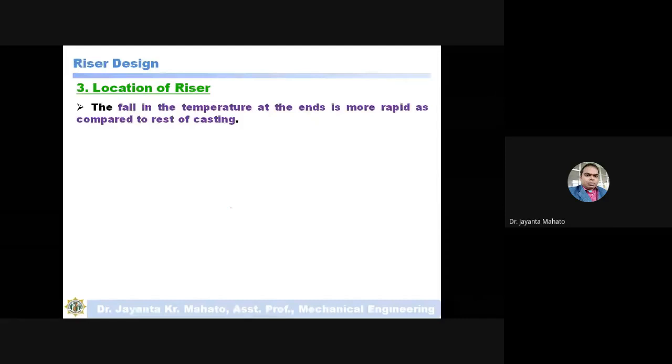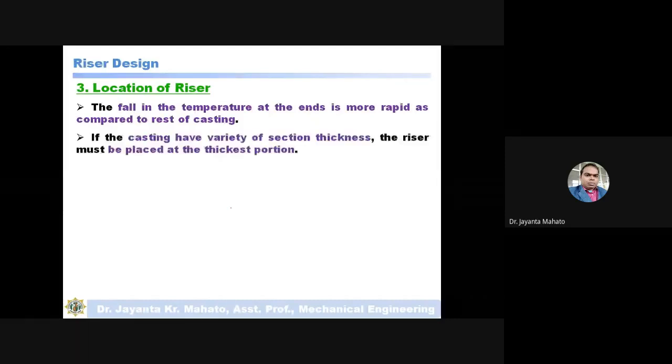So, in case of thickness variation, the riser is placed at the thicker portion. And if you ask at what location the riser is provided, as the solidification rate is higher at the end, that's why the riser is commonly provided at the end of the mold.